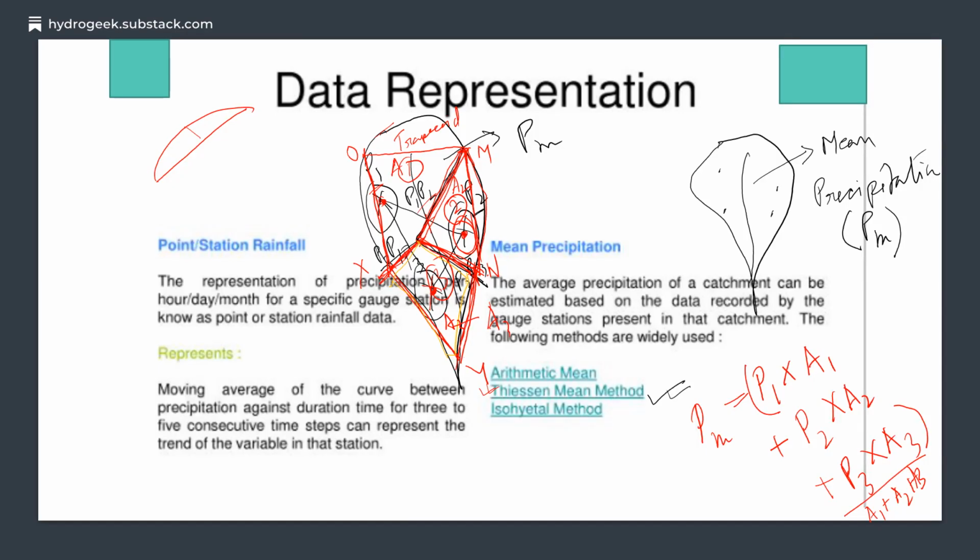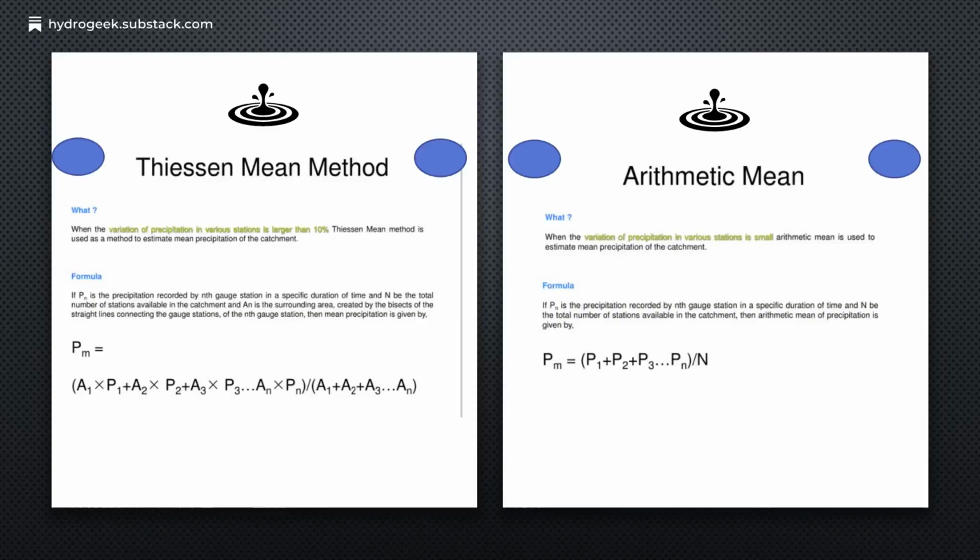Okay, so now let us take an example and try to solve that problem. You see, here is the formula: A1 P1 plus A2 P2 plus A3 P3.